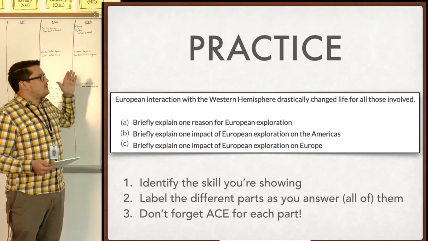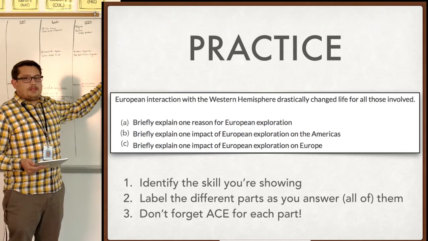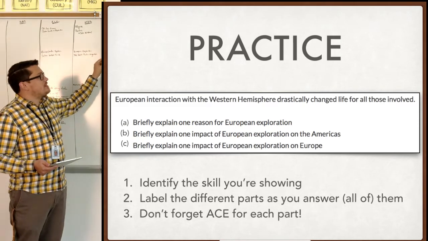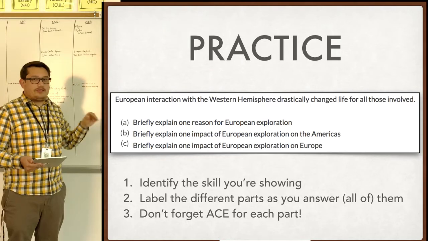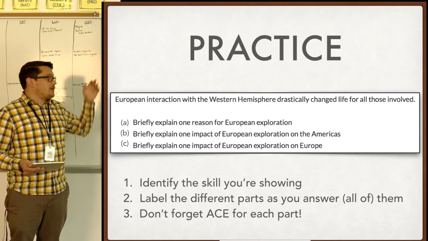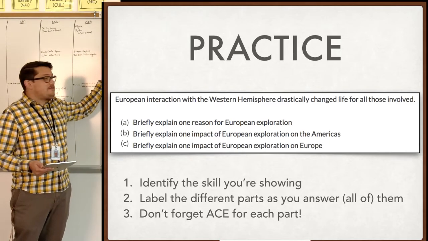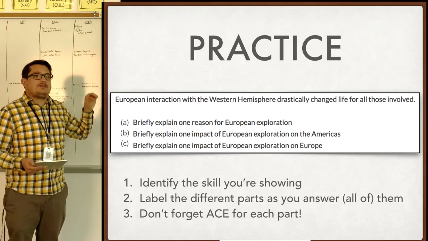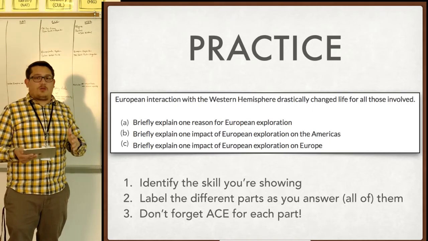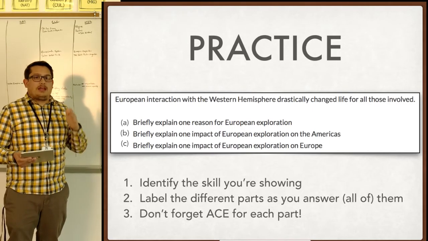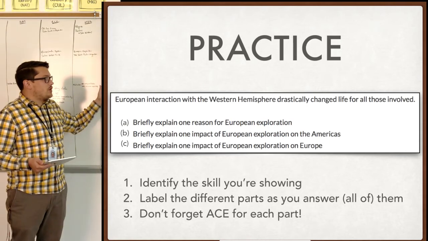But I want you to answer this short answer question. To be clear, the question is, European interaction with the Western Hemisphere drastically changed life for all those involved. And then you are answering these 3 parts of it. It's not 15 minutes per part, it's 15 minutes total. So on a sheet of paper if you want to handwrite it, or on a Google Doc if you want to type it, I want you to answer these 3 questions.